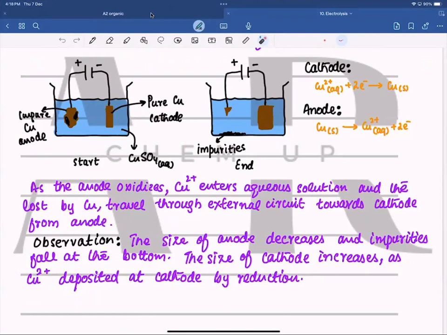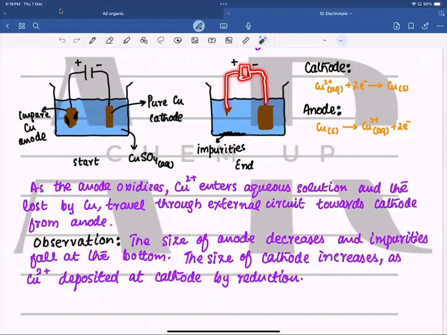Yes, sir. I have a question: what is the use of the external circuit here? This is the external circuit, right? Which I am right now highlighting, the wires and the battery. Yes.